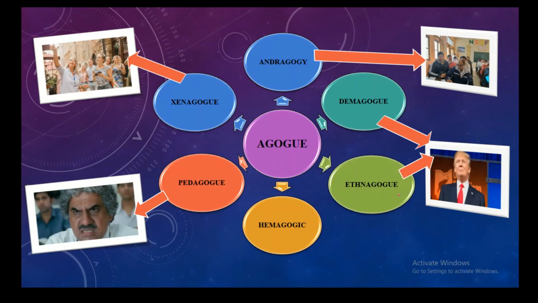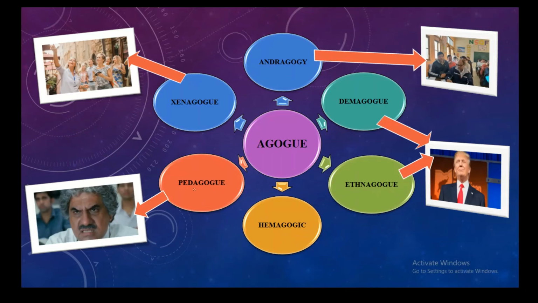Clear? Next one, see hemagogic. Hemagogic meaning hema or hemoglobin. Hema meaning blood. So hemagogic meaning promoting the flow of blood or secretion of blood.